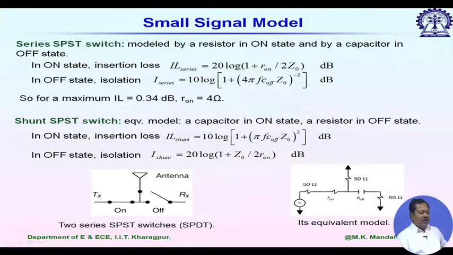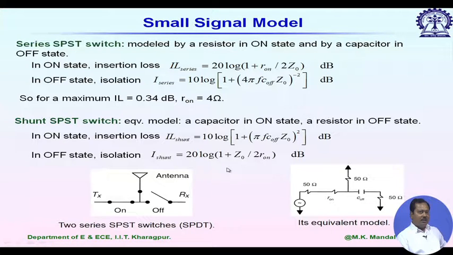So, we see here now insertion loss becomes a function of frequency, whereas the isolation is a function of R on. So, for very high frequency operation we have to be careful; depending on the values of R on and C off, we can choose a proper circuit implementation scheme.